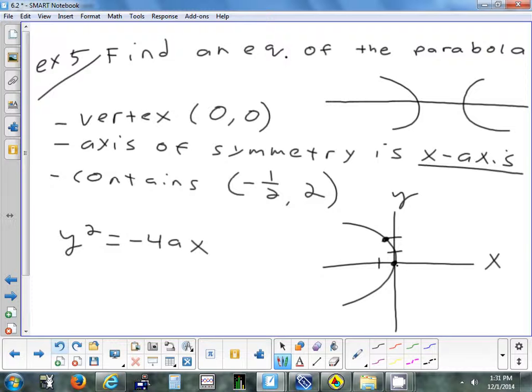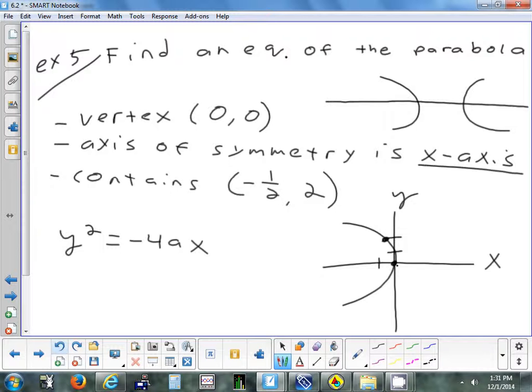Now the problem is we usually get a by looking at the focus. We don't have the focus. But what else have they given me? They gave me the line of symmetry as the x-axis. Anything else? They gave us the point, which is the extra information we need. What is the -1/2?